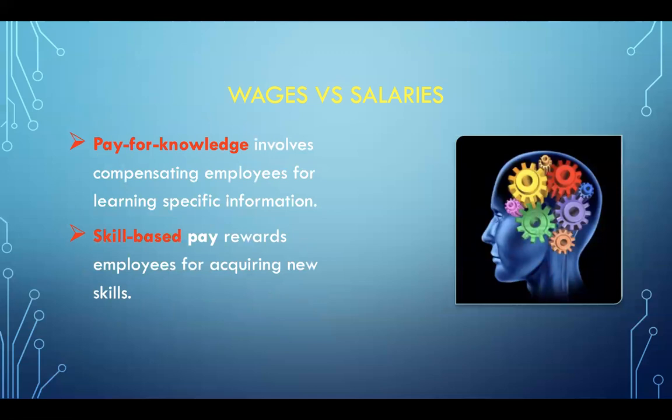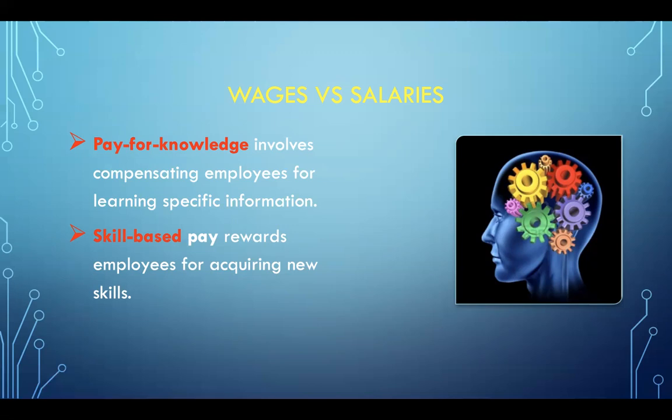When we look at payment, why do we pay people certain things? Think about the pharmacist. We are not paying just for their skills to fill and distribute a prescription, but we're paying for knowledge. A lot of times, knowledge or your experience can affect the compensation of employees.